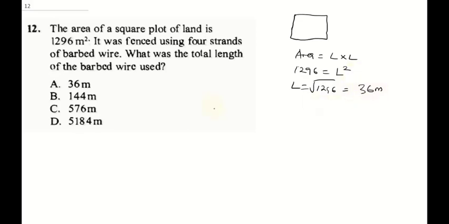Now, for the length of the barbed wire, I want you to notice that this is the square farm. This is how the barbed wire went. This is line 1, line 2, line 3, and line 4. So here you're going to have 1, 2, 3, 4, and same thing here, 1, 2, 3, and 4, and here 1, 2, 3, and 4.